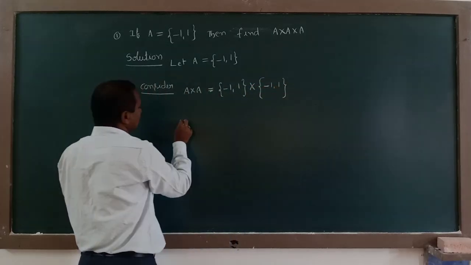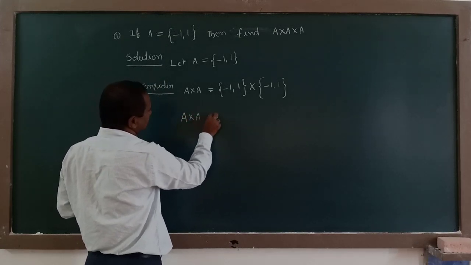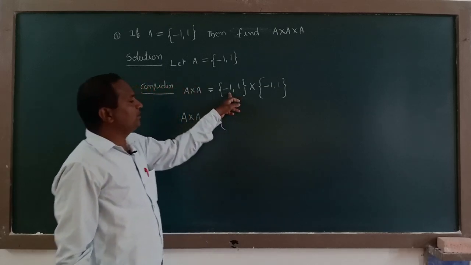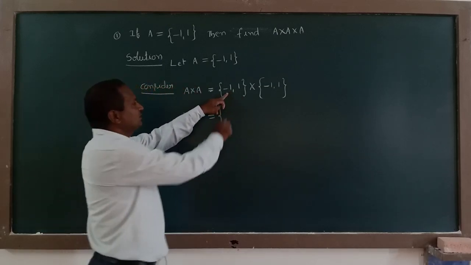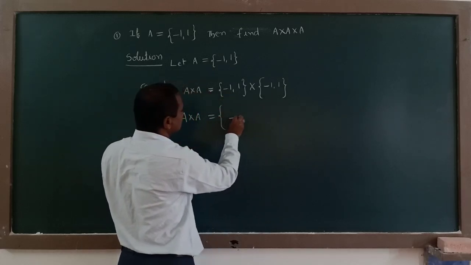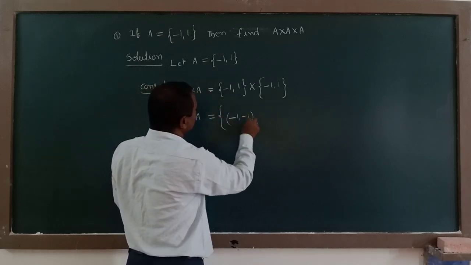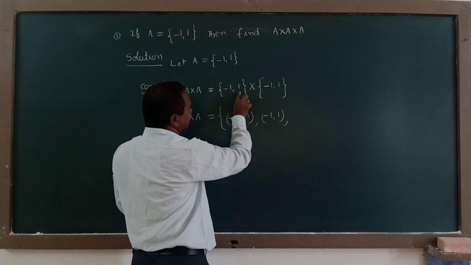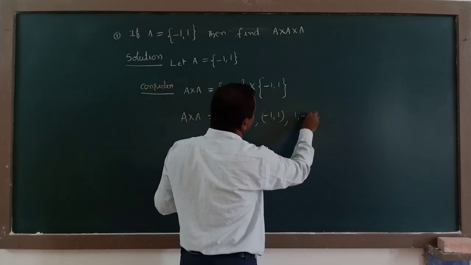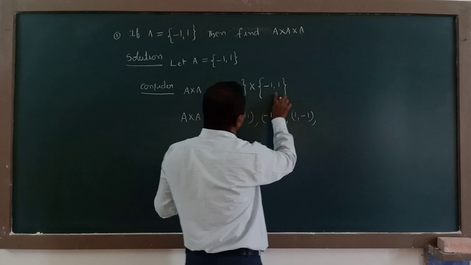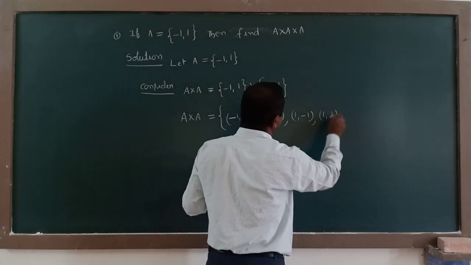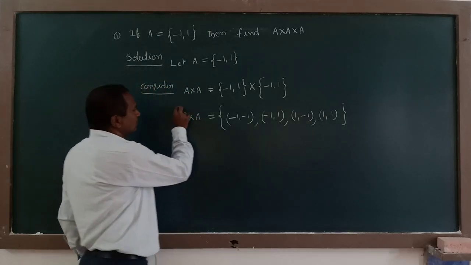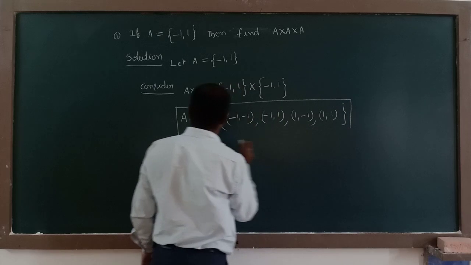A cross A is equal to the set of the elements, take ordered pairs of all these four elements. Start with minus 1: minus 1 comma minus 1, minus 1 comma plus 1. And start with the second element: 1 comma minus 1, and next 1 comma 1. These are all the elements of the Cartesian product of sets A cross A.